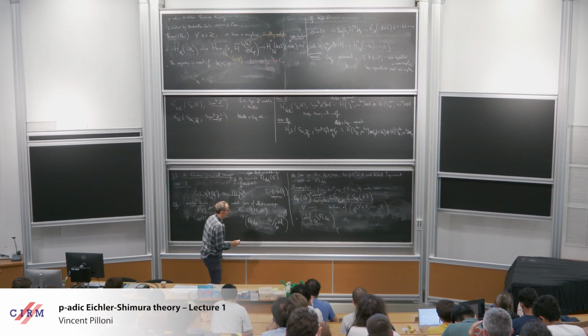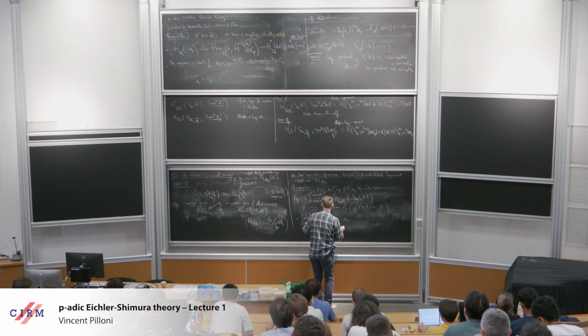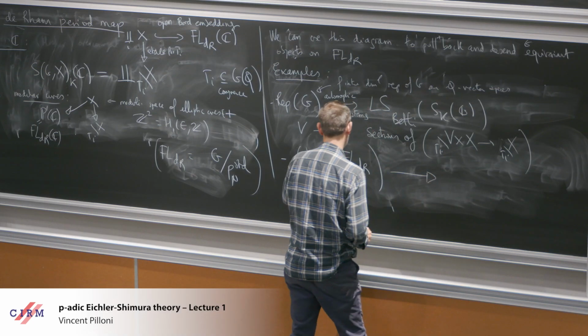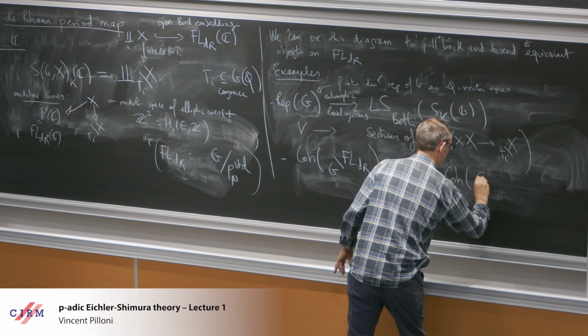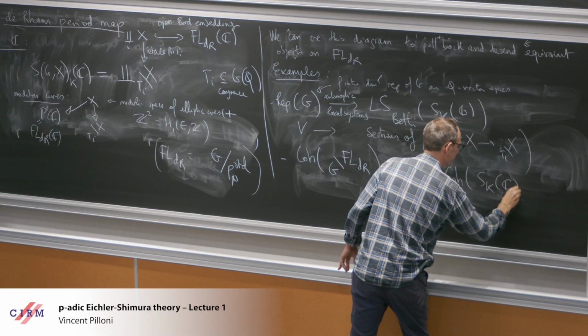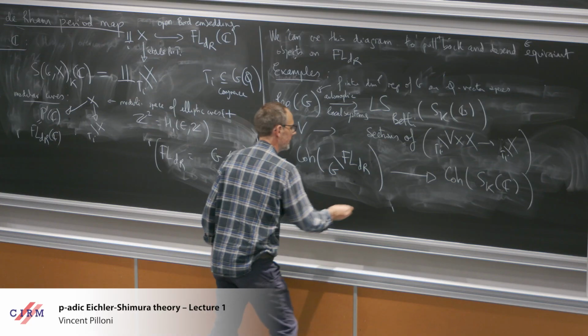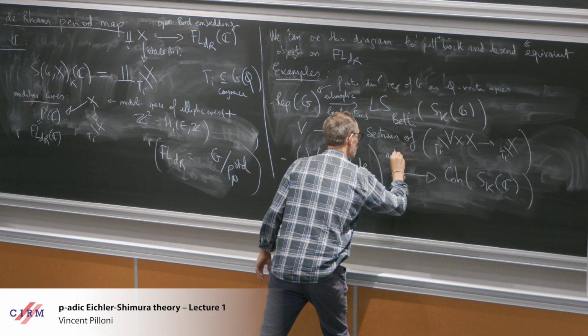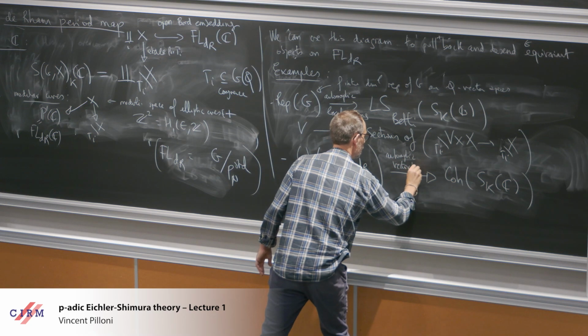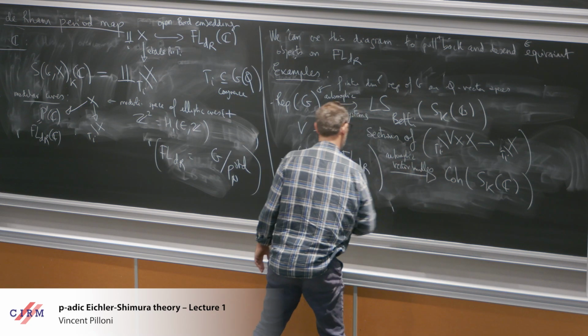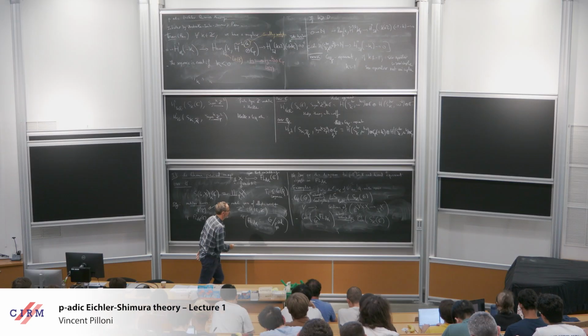I will say in a second what this is. And then you arrive at coherent sheaves on Sh_K(C), and these are the so-called automorphic vector bundles.